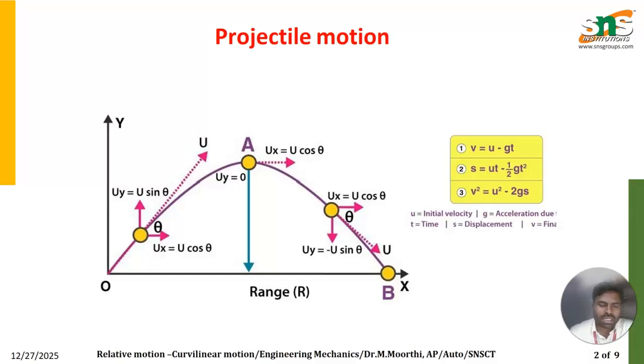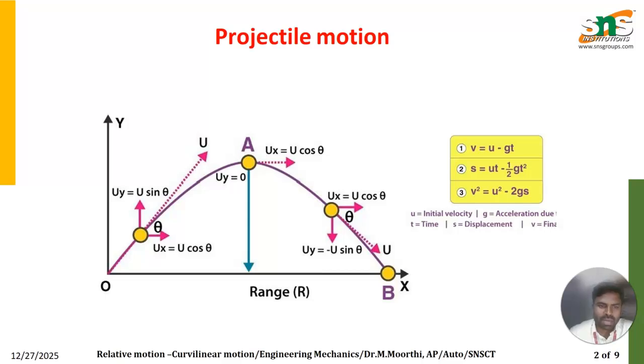The object travels in two different parts, OA, which is the upward motion, and AB, which is the downward motion. At point A it is at maximum height, where the vertical velocity is 0, and again it travels from A to B. At B it reaches the maximum velocity, at which it strikes the target or the ground.